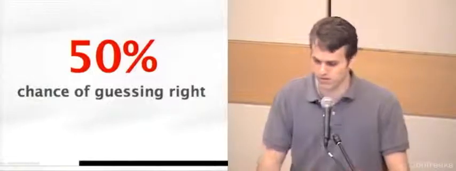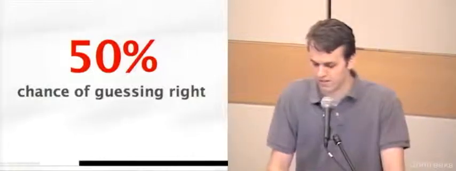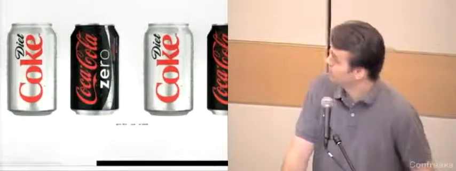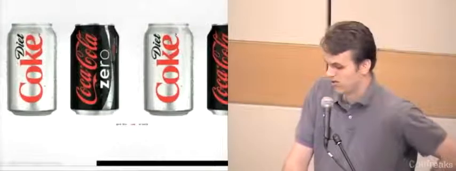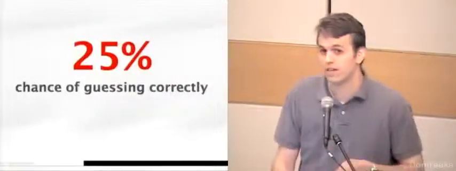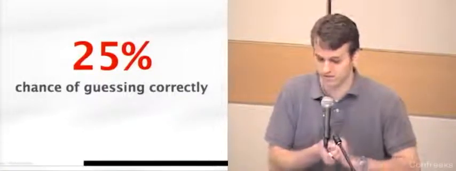So if we give him just 2 cups, then we don't know if he's just guessing or if he actually can tell the difference. Okay, so we could give him 2 of each. So he has a 50-50 shot on the first pair and a 50-50 shot on the second pair. So to get it absolutely right, he has a 25% chance of just guessing it correctly if he can't tell the difference.